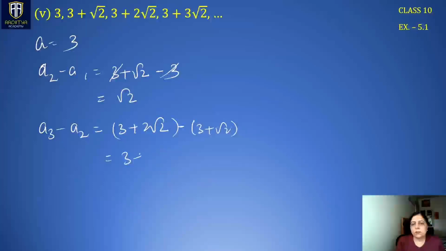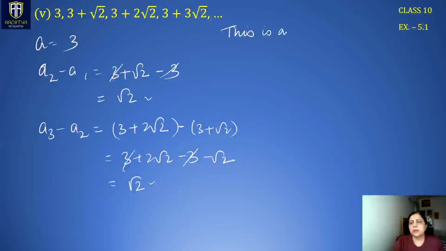So this is 3 plus 2 root 2 minus 3 minus root 2. So these 3s get cut, and 2 root 2 minus 1 root 2 is 1 root 2 or root 2 itself. So you can see that the difference here is same for two pairs of terms. So this is an AP.